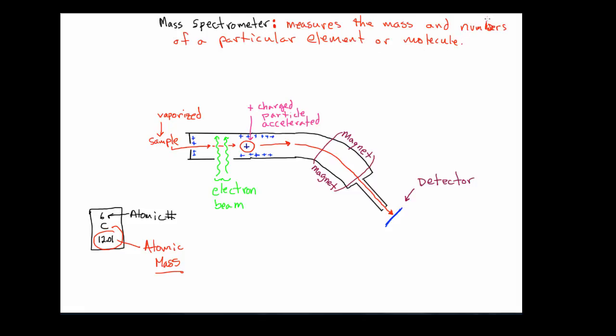Mass and numbers: so the mass and how many of a particular type of element.